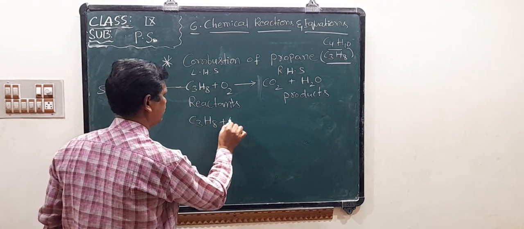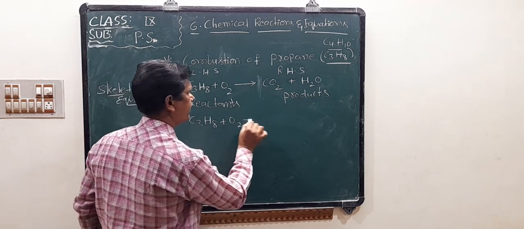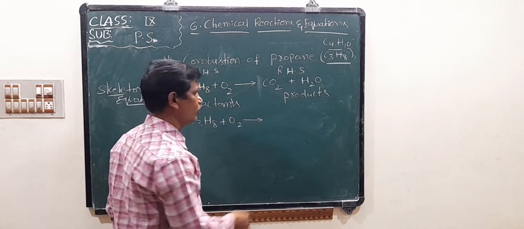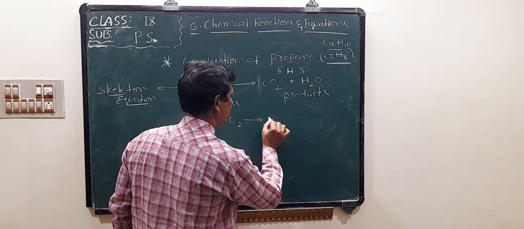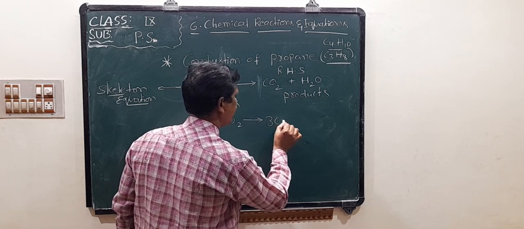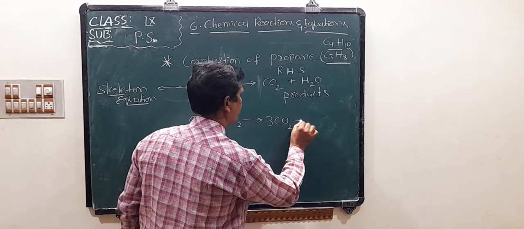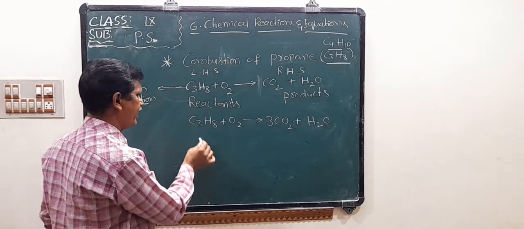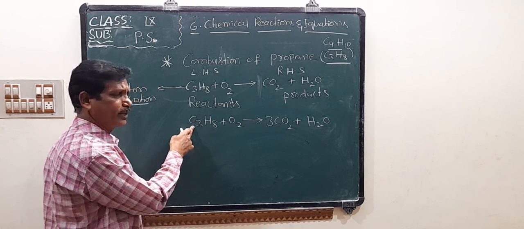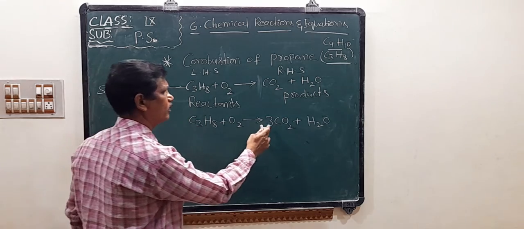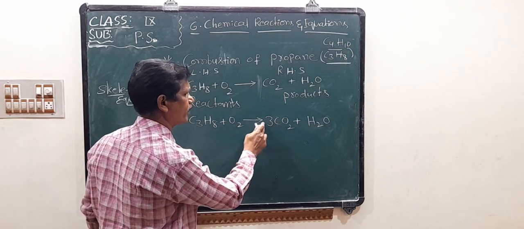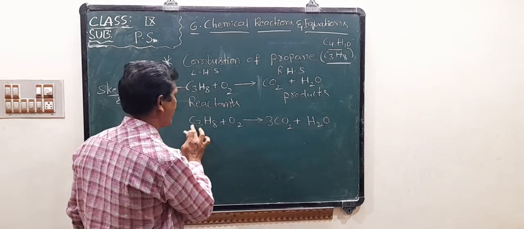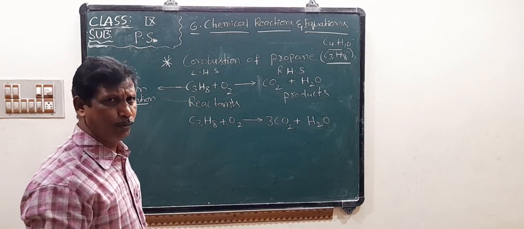C3H8 plus O2 gives 3CO2 plus H2O. Now there are 3 carbon atoms on both sides, so carbon atoms are balanced.